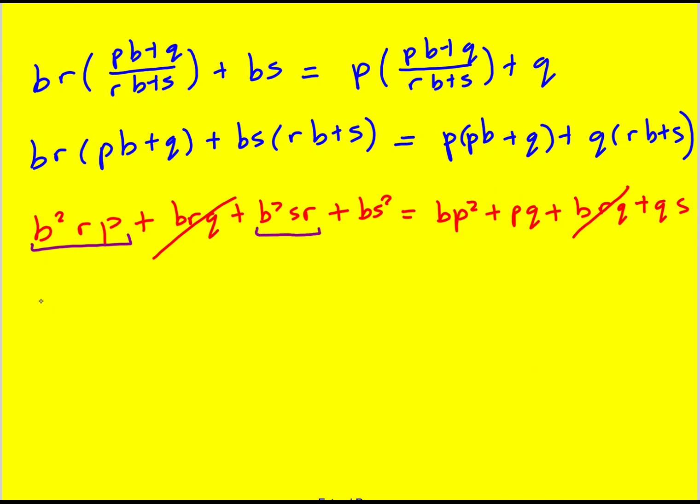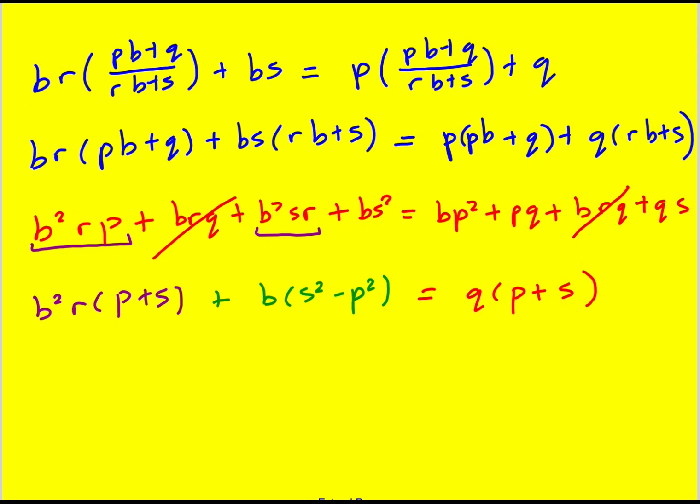I can factorize B squared R from here, and I'm left with P plus S. That's those two underlined terms. And then I can factorize a B out, and I would get S squared minus P squared because I've minused BP squared from both sides. And then that is going to equal, I can factorize Q out, P plus S.